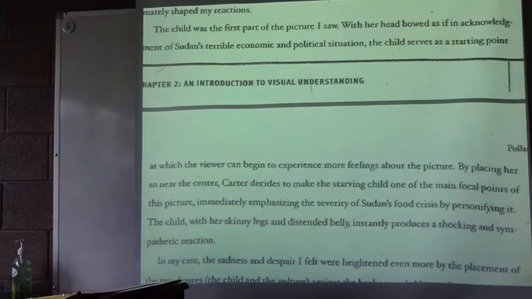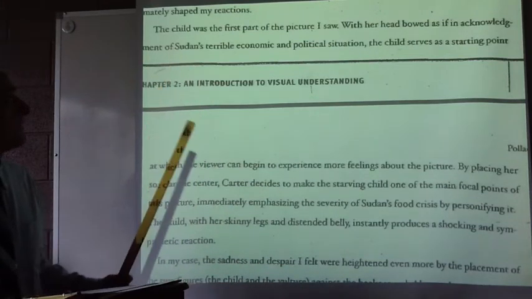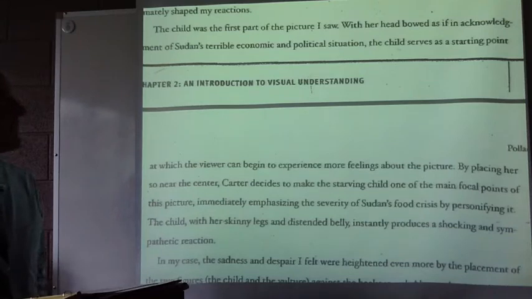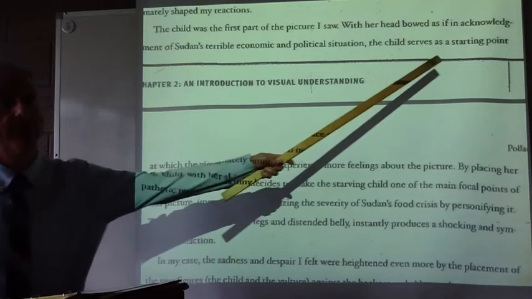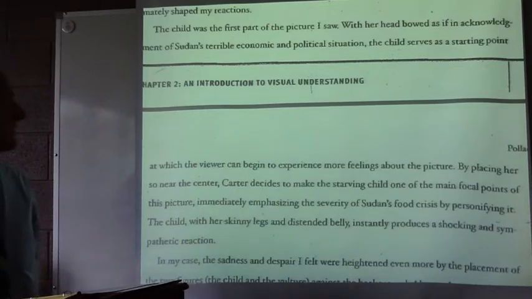So at first he talks about, I think, focal point. "The child was the first part of the picture I saw, with her head bowed as if in acknowledgement of Sudan's terrible economic and political situation. The child serves as a starting point, the idea of focal point, at which the viewer can begin to experience more feelings about the picture.